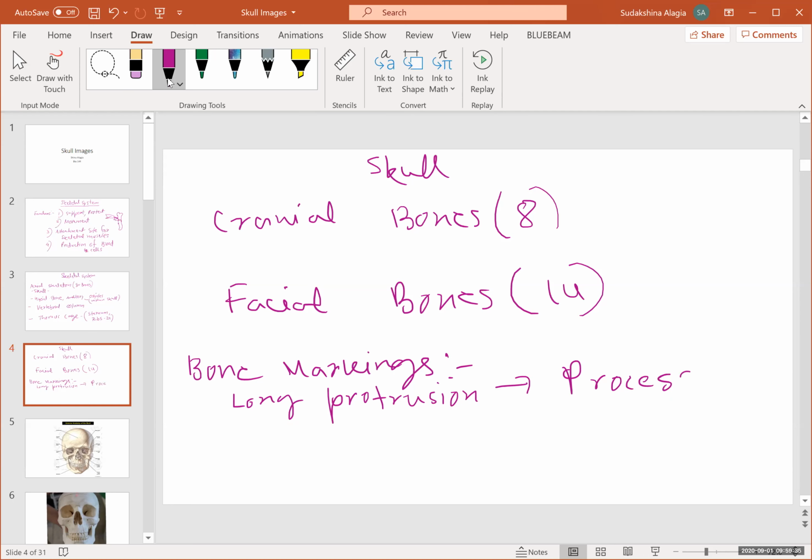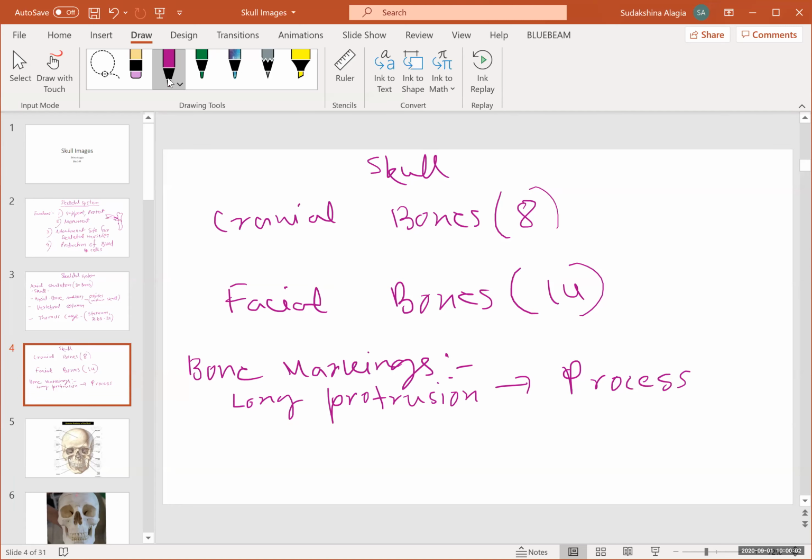So we'll be going over pterygoid process, styloid process, mastoid process. The moment you see the word process, we immediately know that a process is a long protrusion, a very visible, very specific, obvious structure. It's something that protrudes and it's large enough to be well visible.